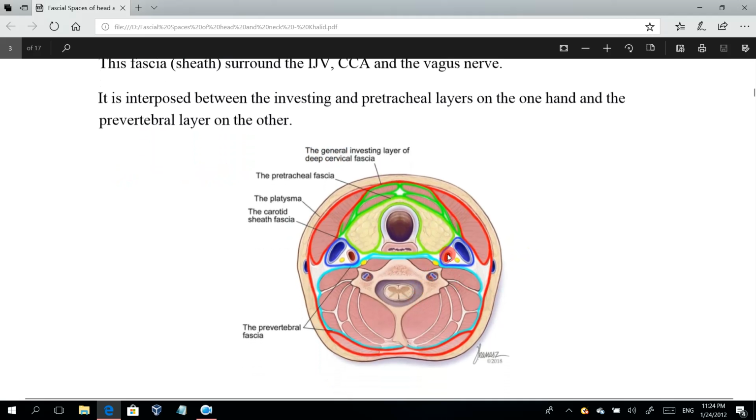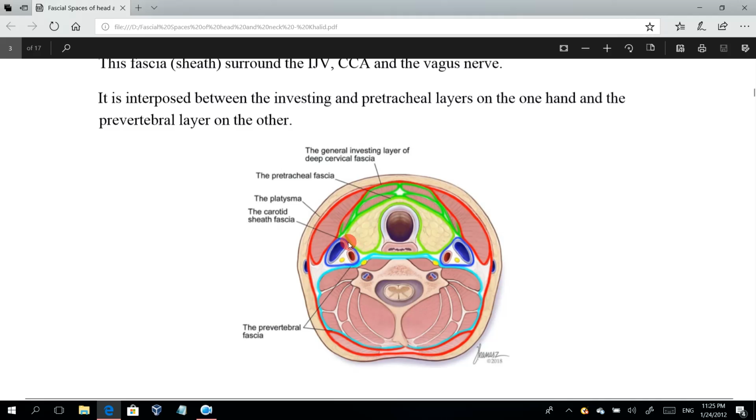Here is the carotid sheath, you see, on both sides. It is a tube-like structure attached from the base of the skull till the heart. This is the pretracheal fascia, this is the investing layer, and this is the prevertebral layer.